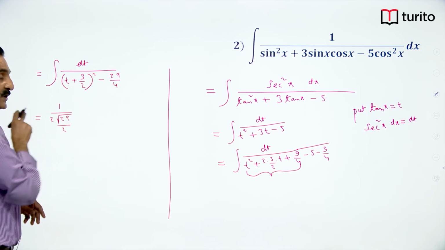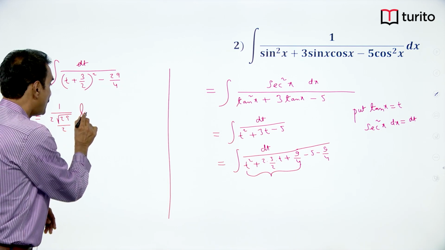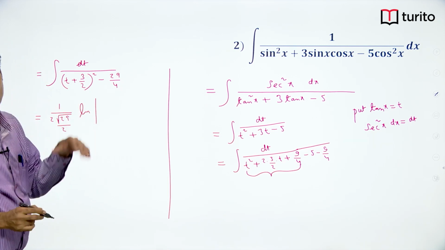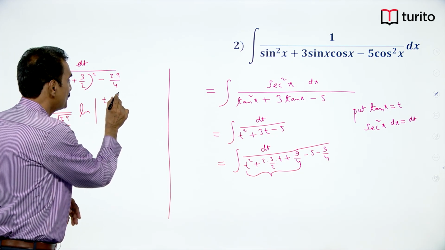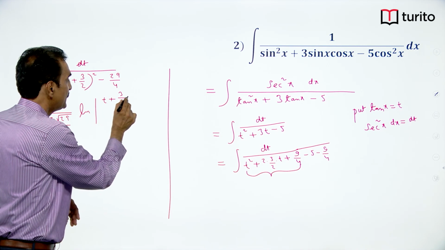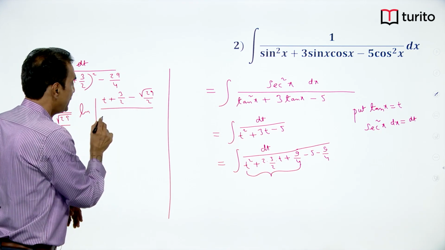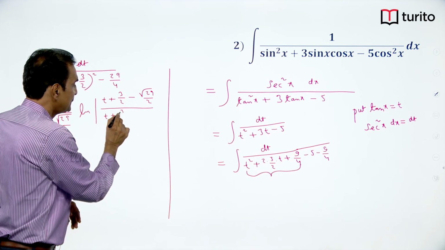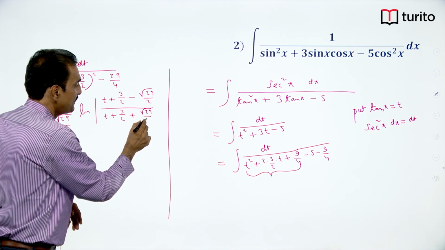This is a square, so a is root 29 by 2. Log mod x minus a by x plus a. T plus 3 by 2 minus root 29 by 2 by t plus 3 by 2 plus root 29 by 2 plus c.